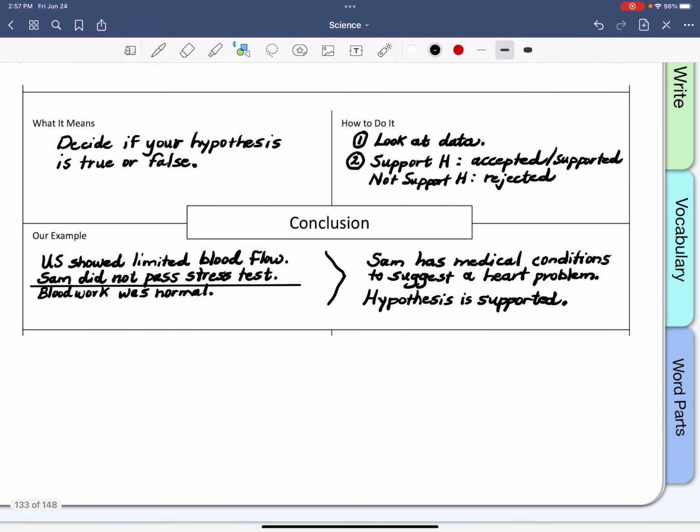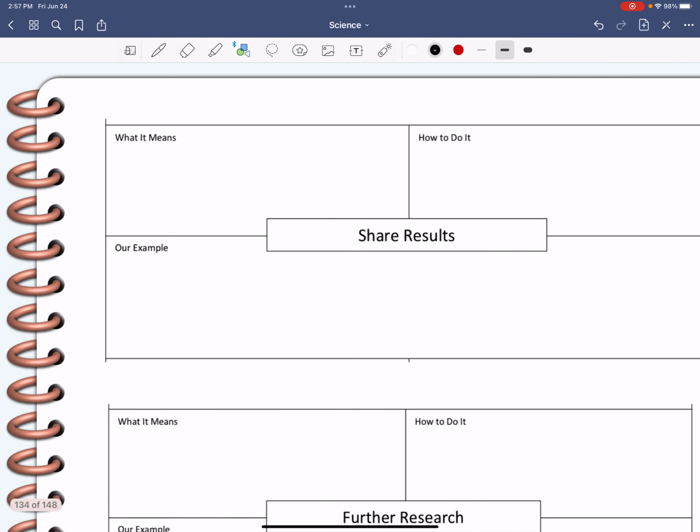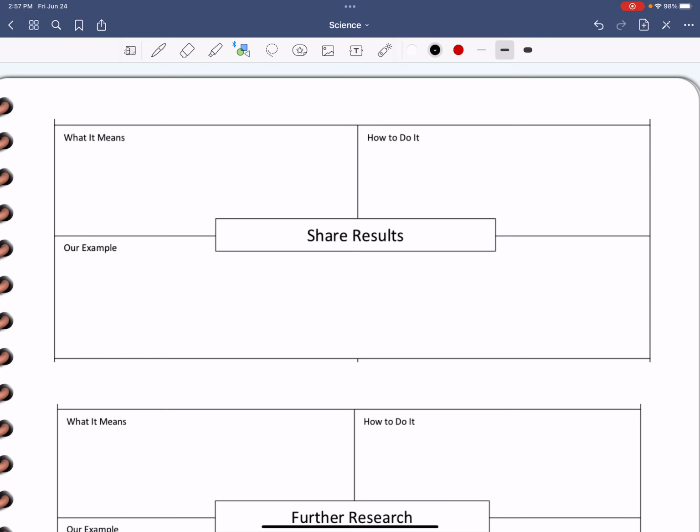All right, that was conclusion. We finished that one. So the next one is going to be share the results. And what it means is to tell others what you found in your experiment.